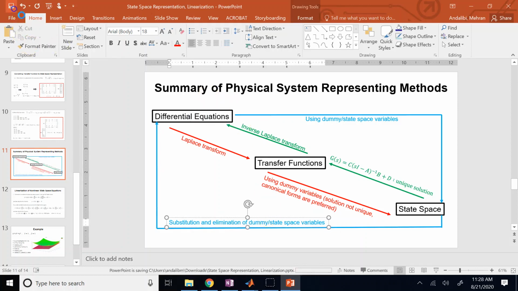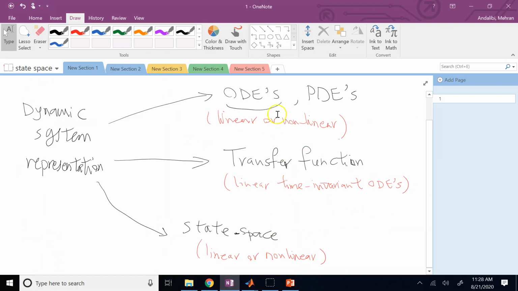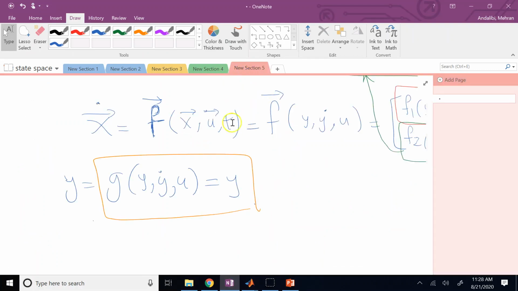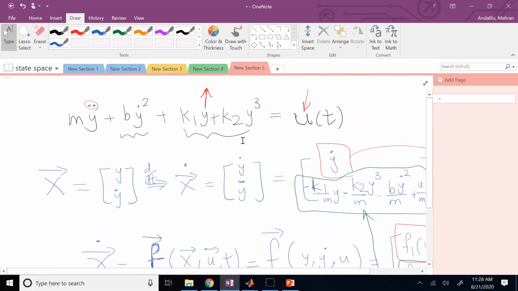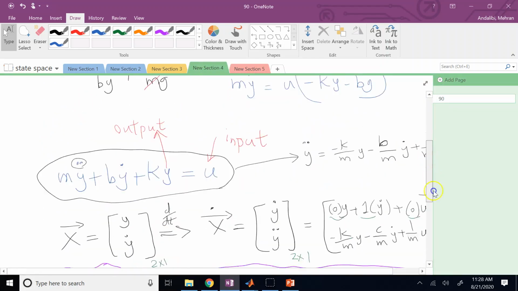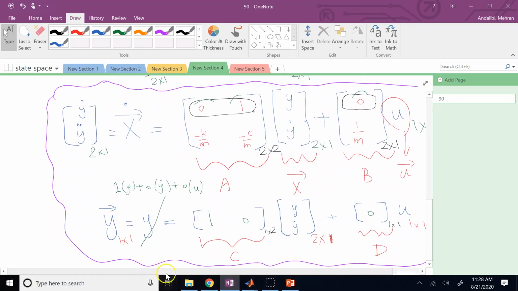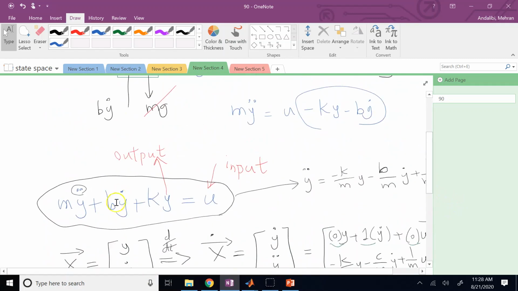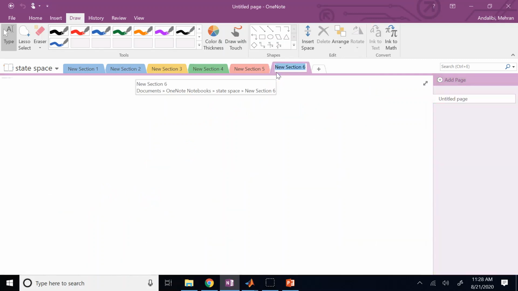Let me show you this, and then I'll show you how to go between transfer function and state space, back and forth. So if I know now these guys, correct? I have these equations. How can I go back from these to this one? Well, that's not a big deal. Let's see how.